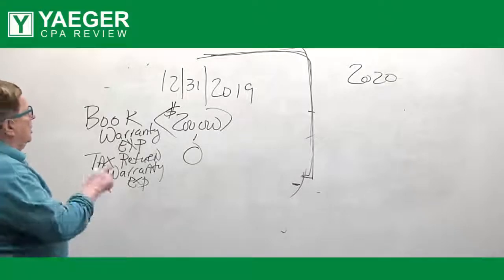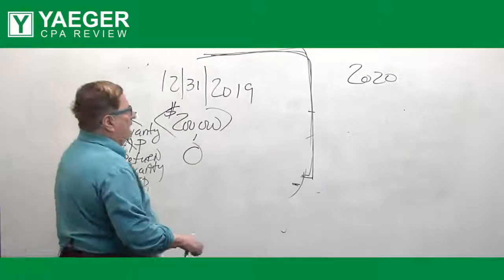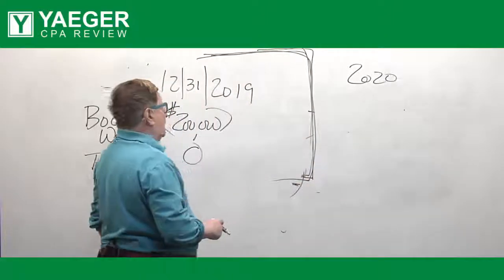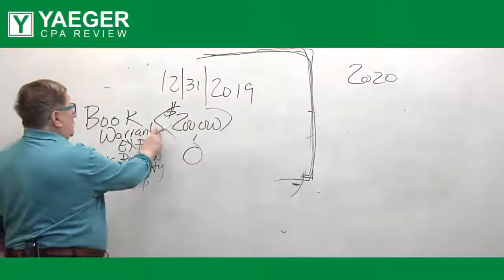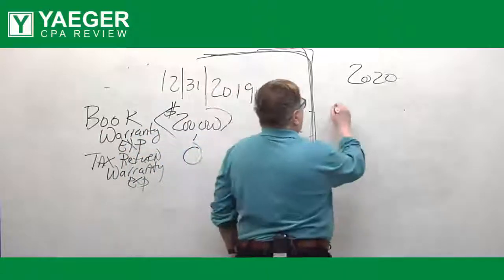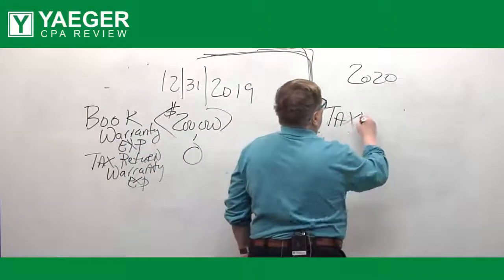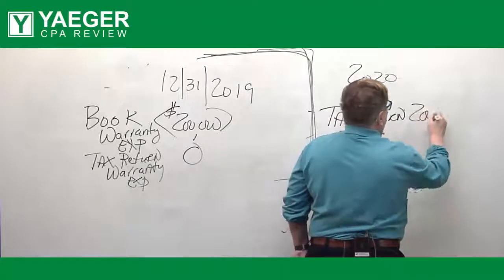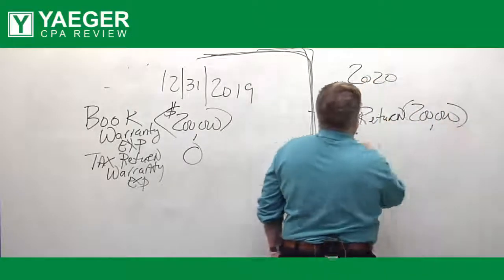Now, this will reverse itself. And we don't care when it reverses itself. It reverses itself after 2019. Now, when this reverses itself, what's going to happen? On the tax return, we will have a deduction of $200,000, but we already took it on the books.